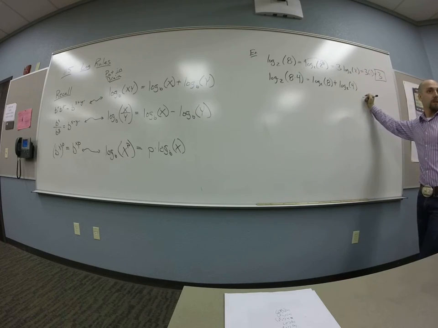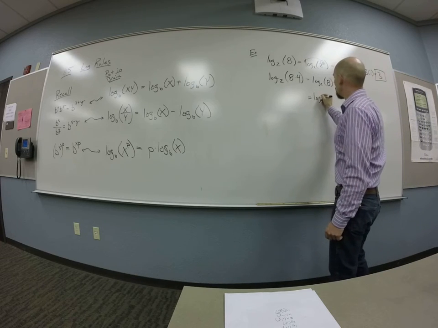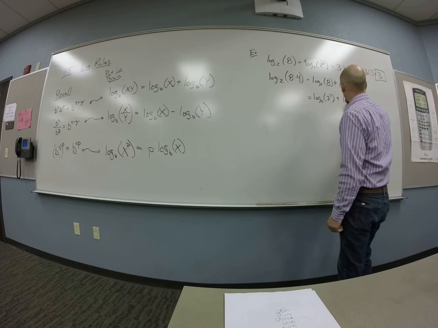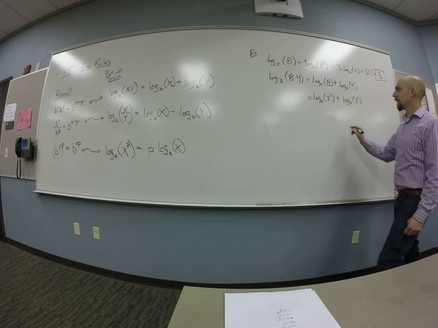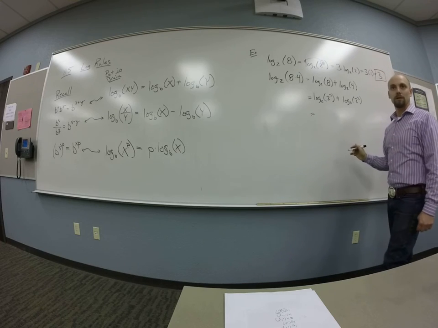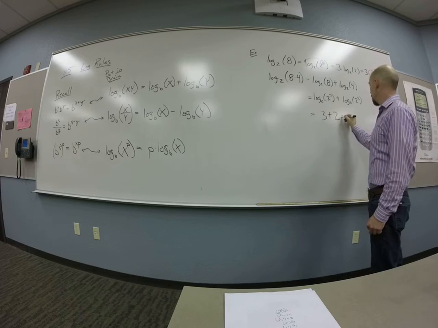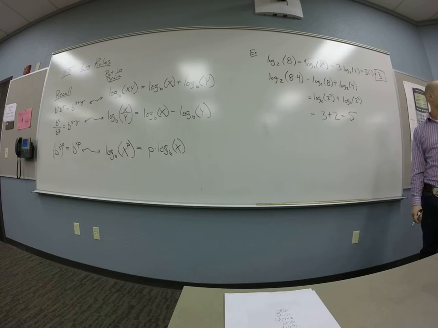Is that cool then? Now these are things I know about. This is log base 2 of 2 cubed plus log base 2 of 2 squared. So I get 3 plus 2 is 5. That's cool then?